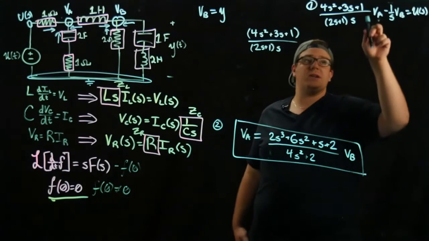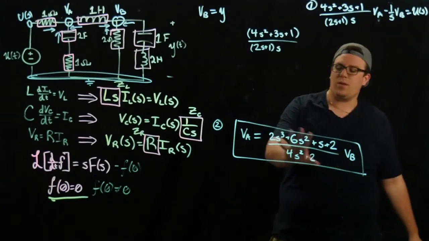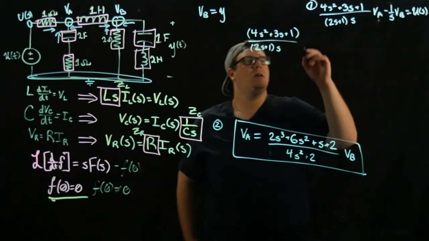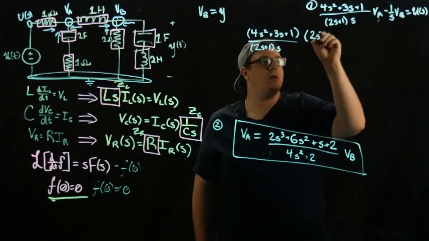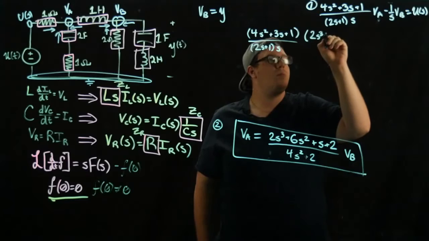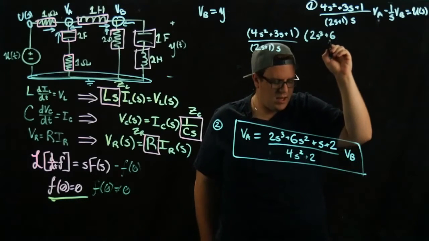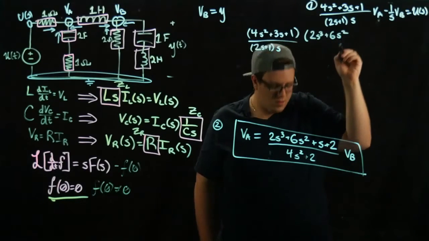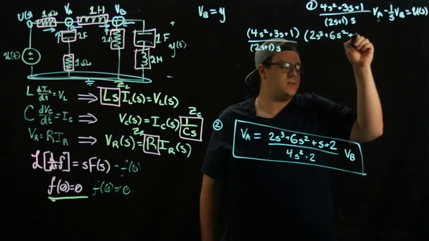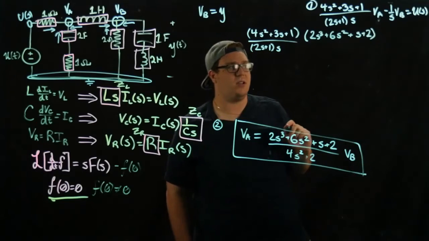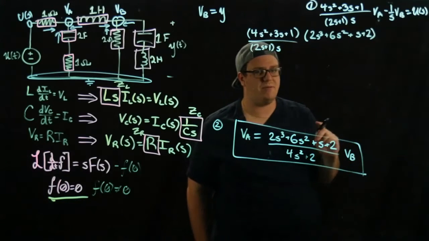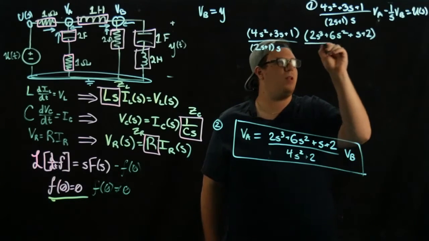And we're going to replace this occurrence of VA with this big thing times VB. So we end up with 2s cubed plus 6s squared plus s plus 2. And so I'm going to leave this in factored form because multiplying this out for you is probably not going to be too helpful.